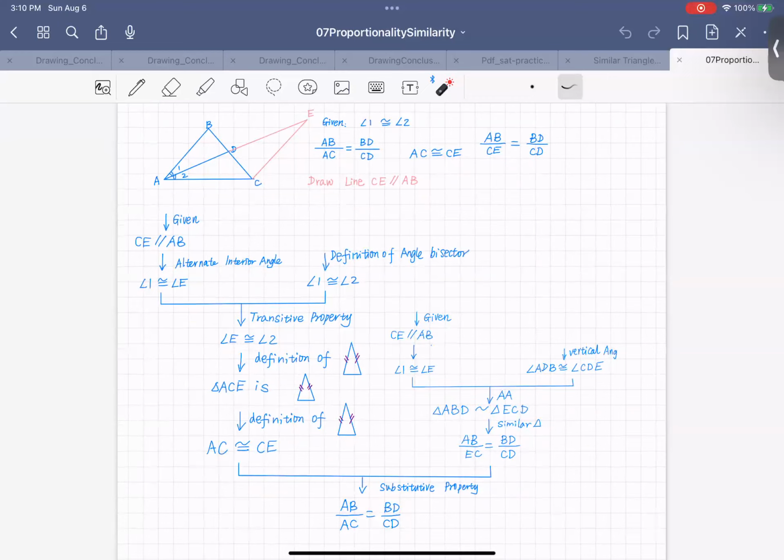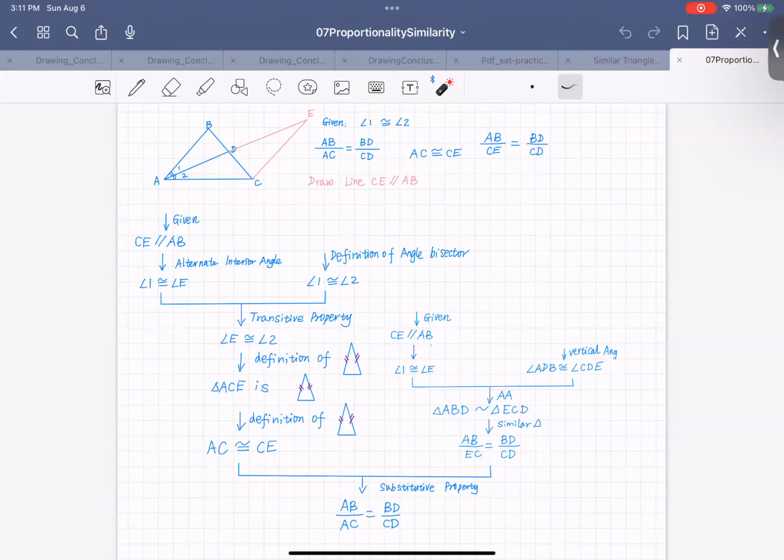Is this a hard question? Yes, this is a hard question. This belongs to those very hard questions for geometry proofs. But the good thing is, I don't think your school will give you this kind of question on your test. If this question is asked in a test, it is a bonus question.